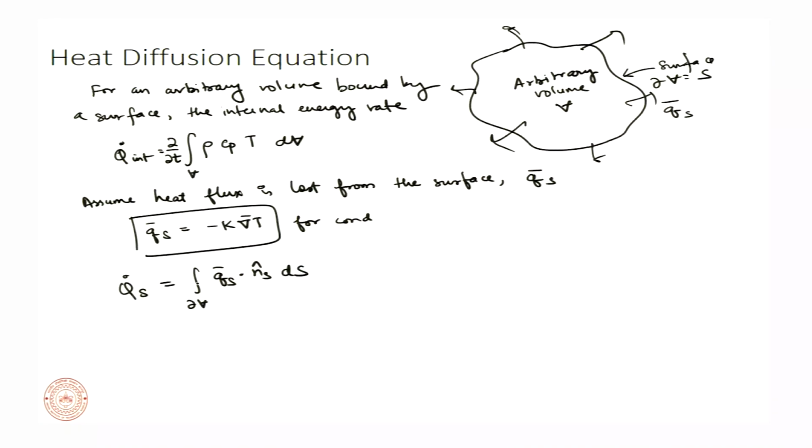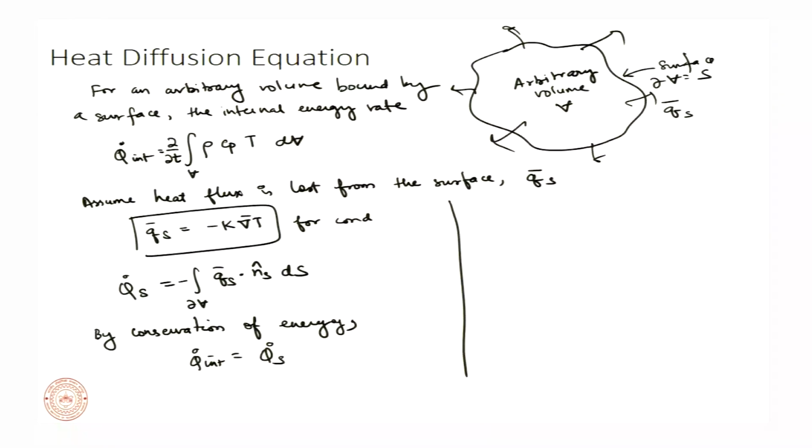Okay. Now, since the heat is going out from the surface, we can put a negative sign in front of it, right. So, negative sign means that heat is being lost or heat is getting out from the system. Okay. By conservation of energy, we will have q internal energy equals to q surface.